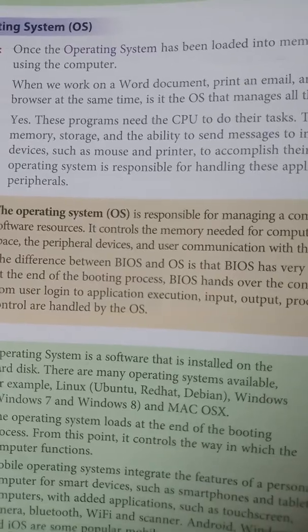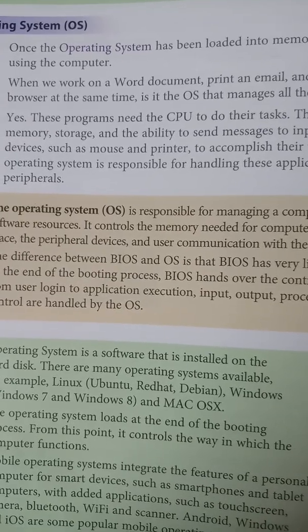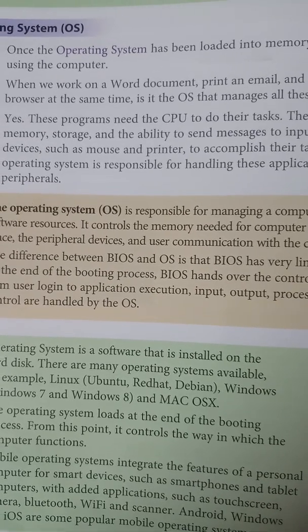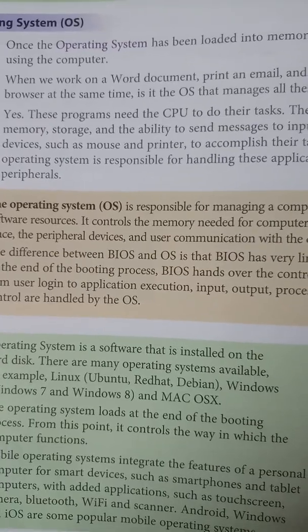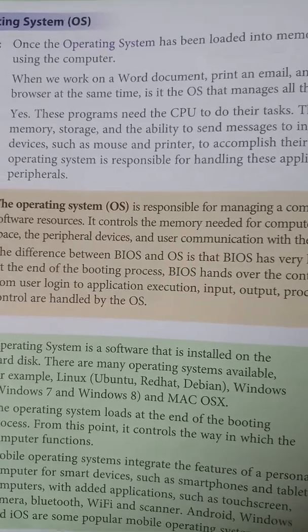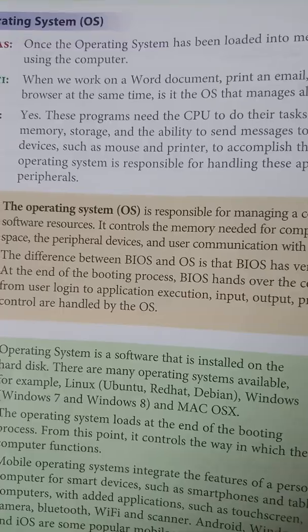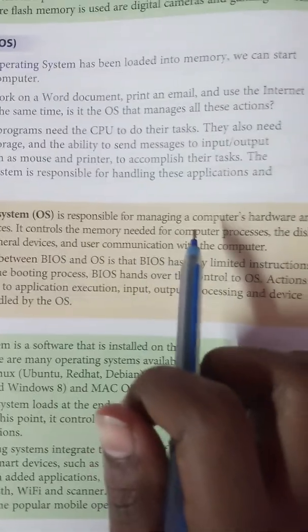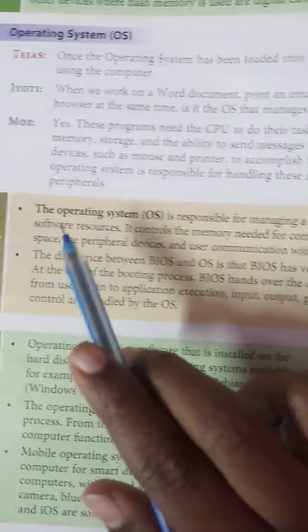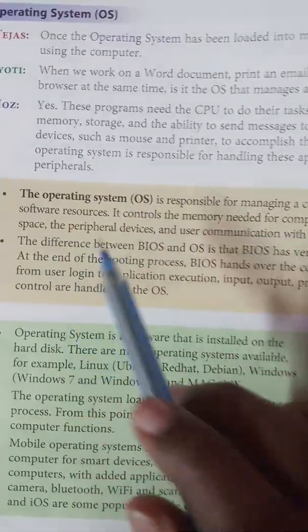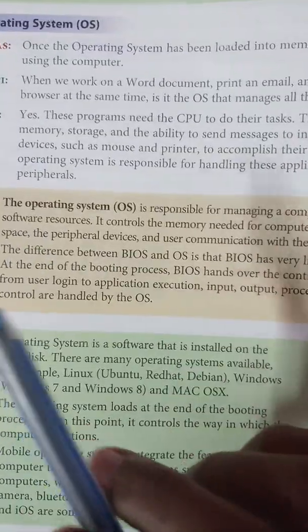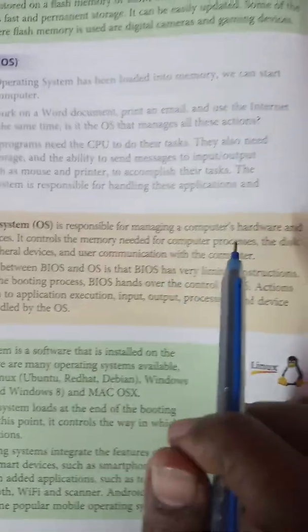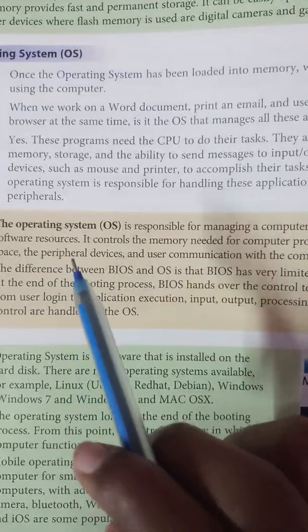So what are the peripheral devices? Printer, mouse, keyboard, monitor, scanner. These are some of the examples of peripheral devices. Okay. The operating system is responsible for managing a computer's hardware and software resources. So here the operating system is handling all the hardware and software resources.